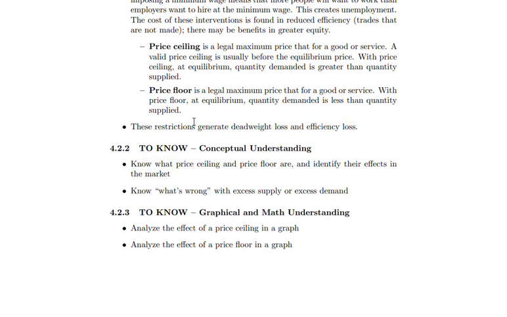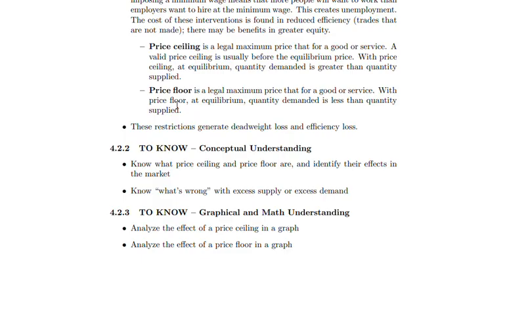A price ceiling is a legal maximum price for goods and services. A binding price ceiling is usually below the equilibrium price. With a price ceiling, quantity demanded is greater than quantity supplied. The price floor is a legal minimum price for the good and service.